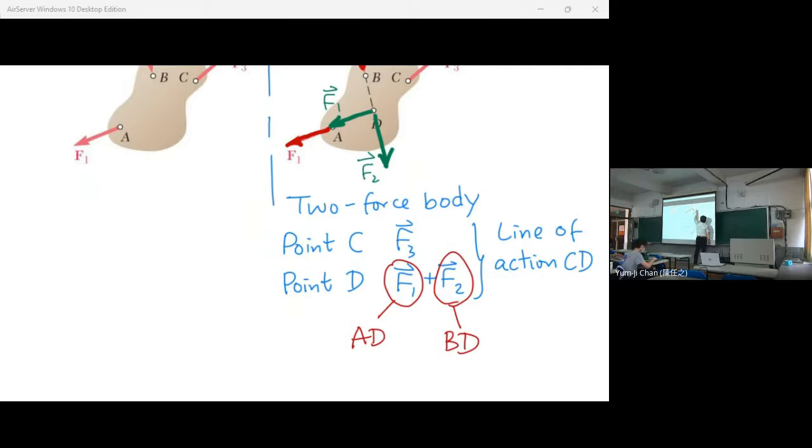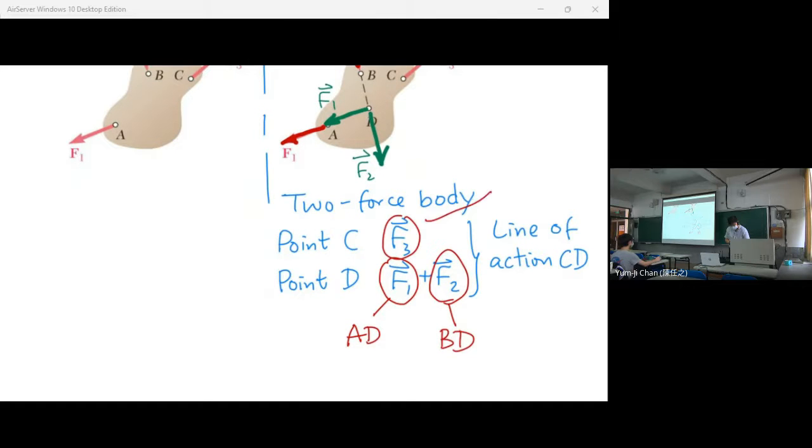But from here, we know that the line of action of F3 is CD. Is that okay?